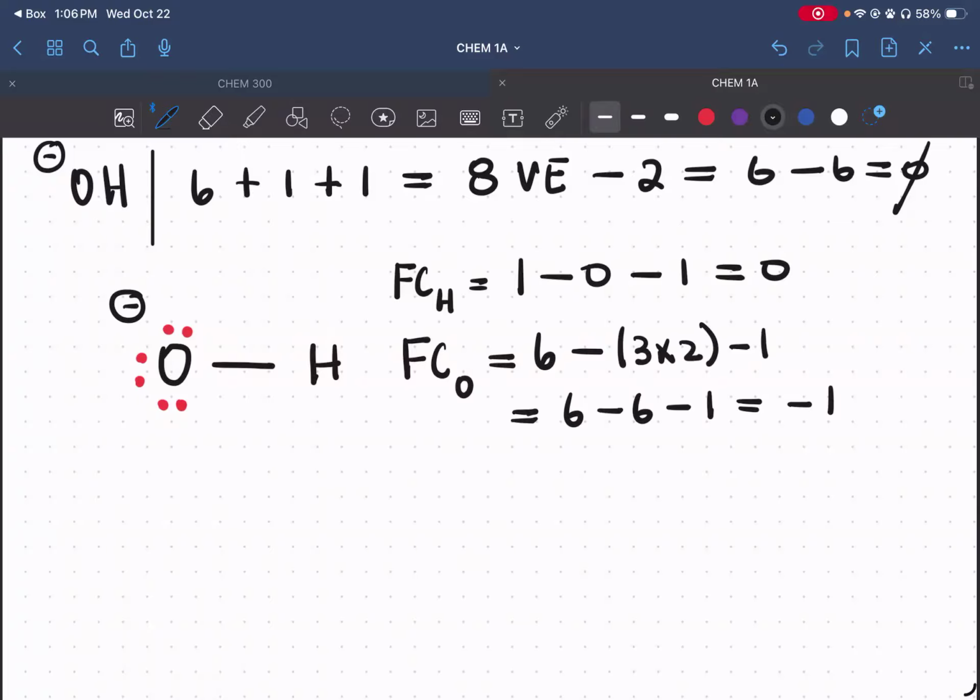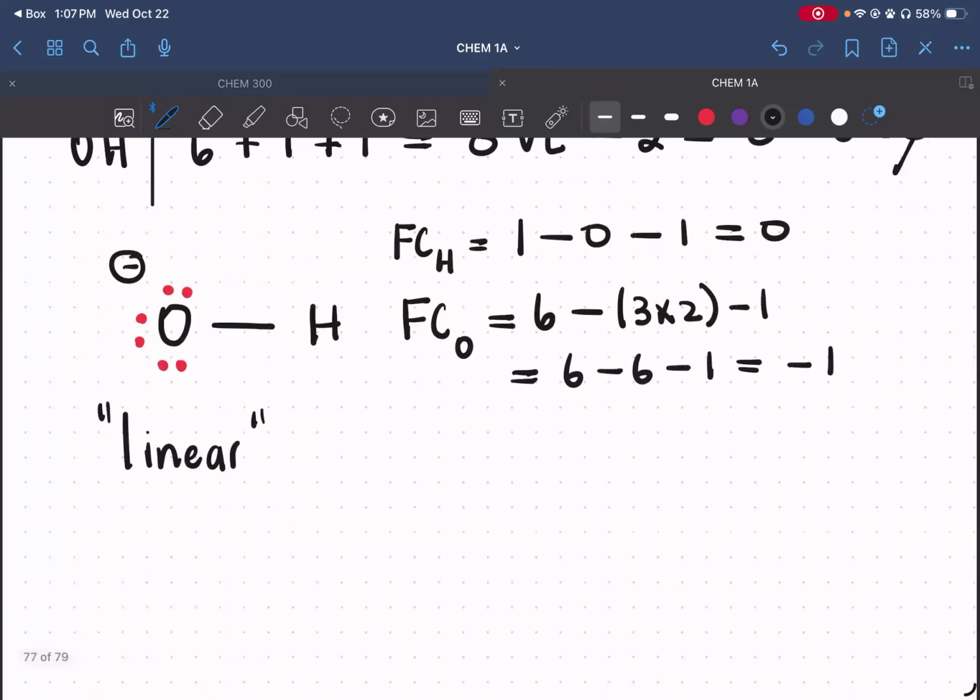And now we're going to check the VSEPR charts. Can you find this on the VSEPR chart? No, you can't. Why? Because it's only 2 atoms. And whenever you only have 2 atoms, this is a straight line. This is linear.